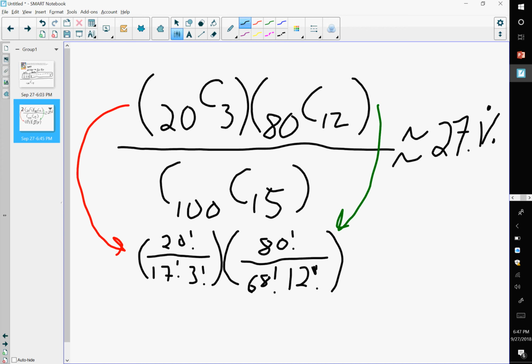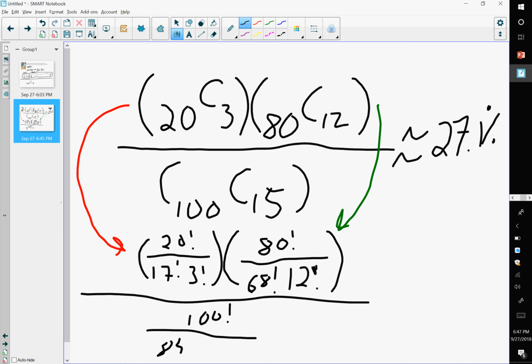Then this is going to be all over our 100 choose 15, which is 100 factorial over 85 factorial, which is 100 minus 15, multiplied by 15 factorial, and that is this one right here.